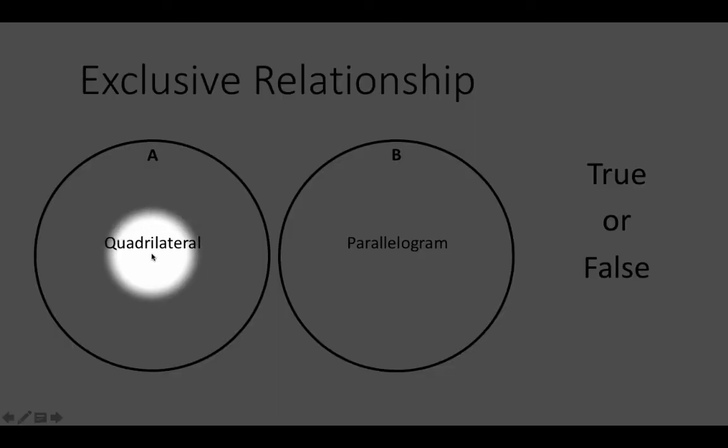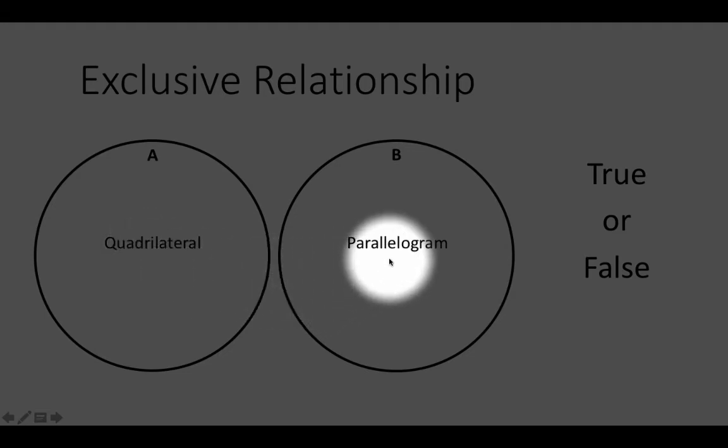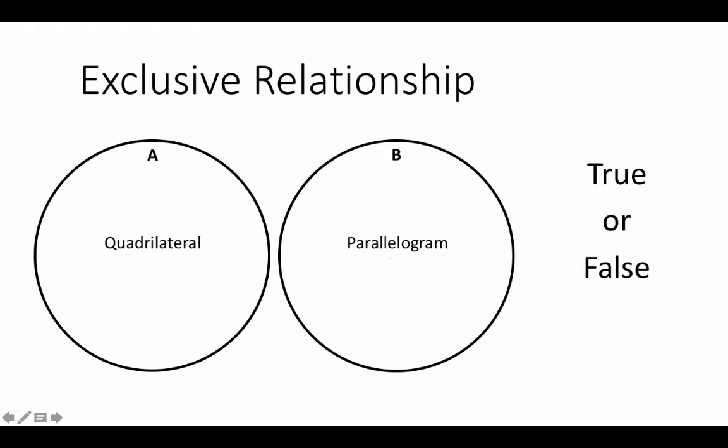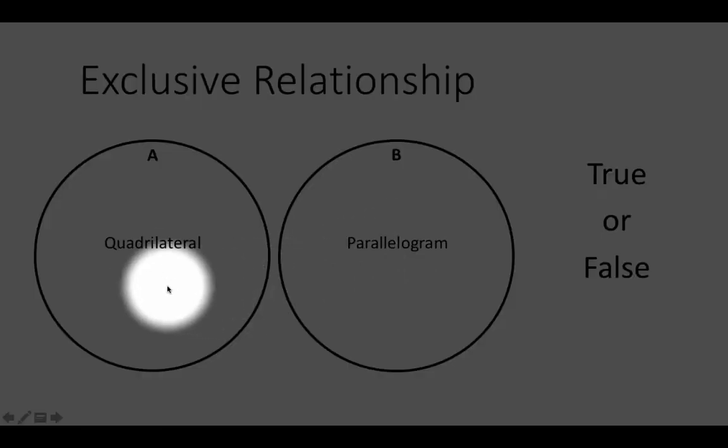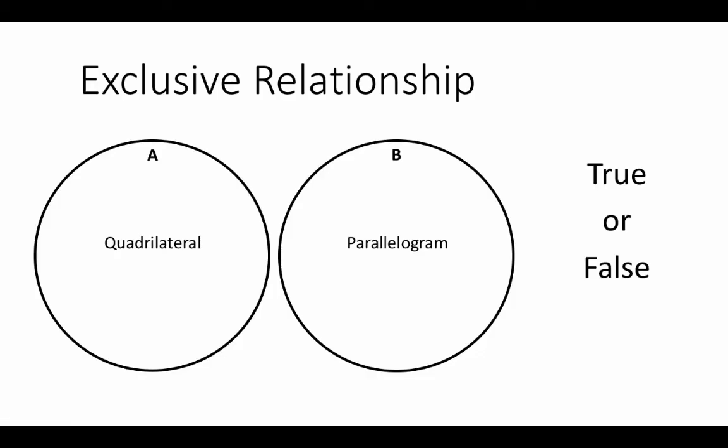So if you are a quadrilateral, you could be a parallelogram. You don't have to be, but you could be. And if you are a parallelogram, you must be a quadrilateral. You must have four sides. All parallelograms are quadrilaterals. So this is not an exclusive relationship.